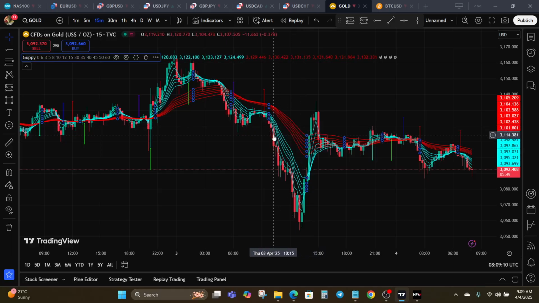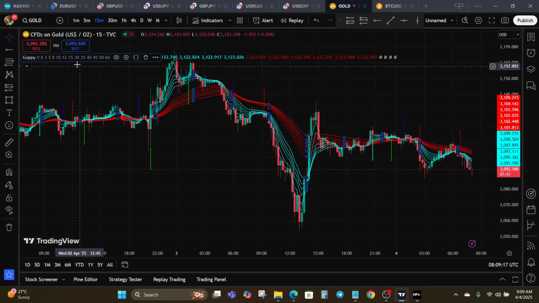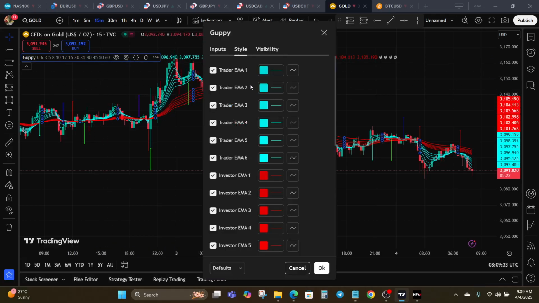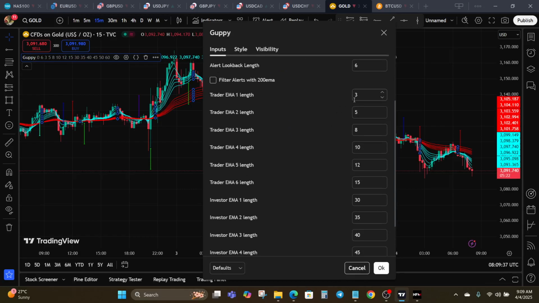So now, the short-term EMAs, you can see, the short-term EMAs usually 3, 5, 8, 10, 12, and 15 periods. They track the immediate reaction of the market.